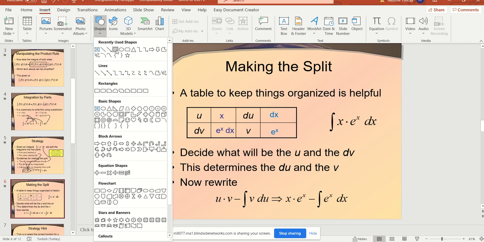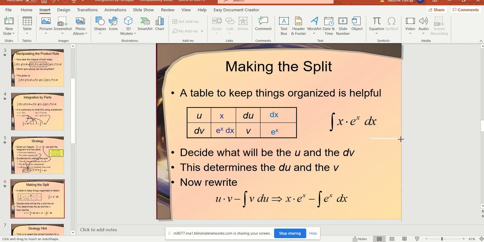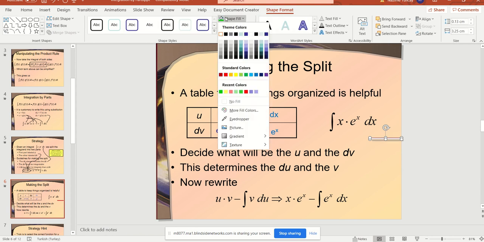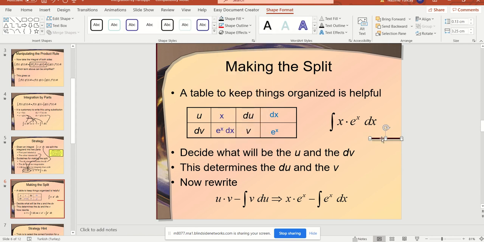I'm going to take some shapes for showing. Now we choose x again here because it is an algebraic expression, and this is an exponential expression. It comes after the algebraic expression in the LIATE formula.